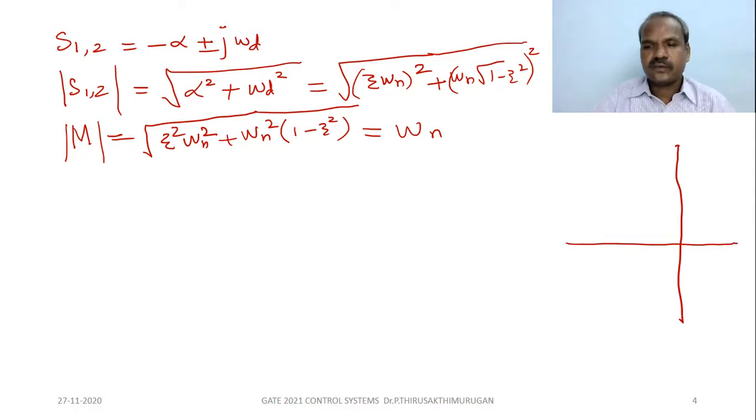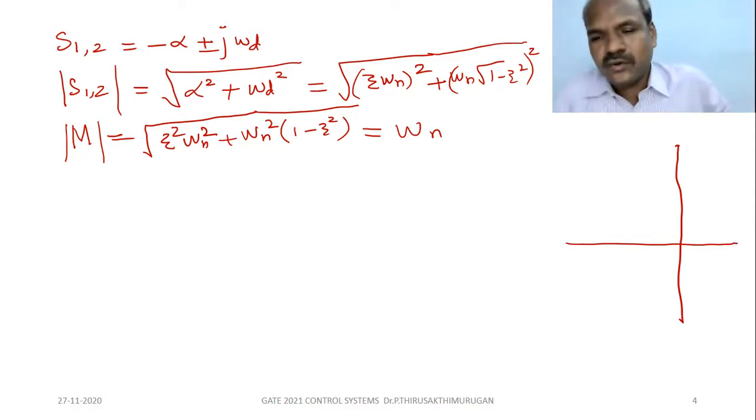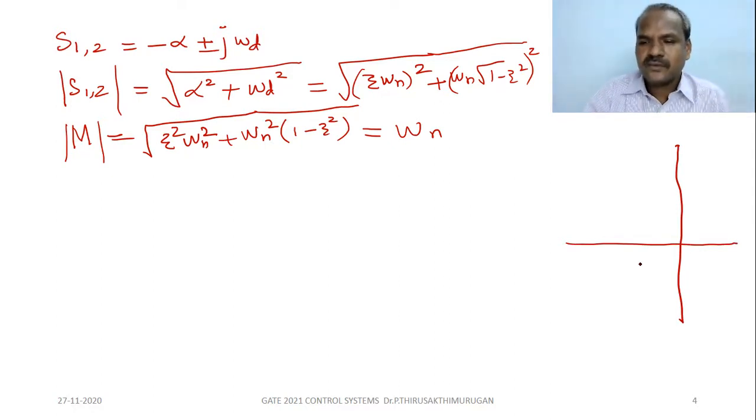Actually, this is pole zero mapping. This is the origin. One pole is at this point, another pole is at this point.